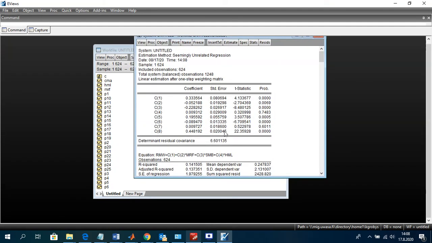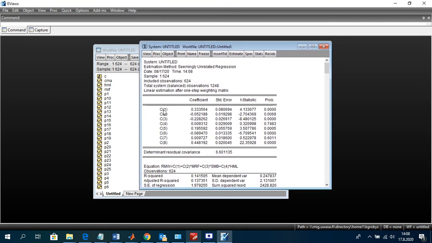So what we have here, we see already C1, which gives us the intercept term for the profitability factor regression. We see that 0.33% per month of the profitability factor cannot be explained by the exposures against the three-factor model. The t-statistic of this point estimate for the intercept term is 4.13, indicating significance on any level.